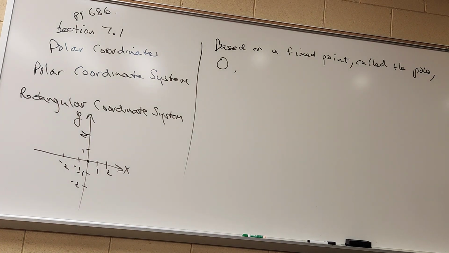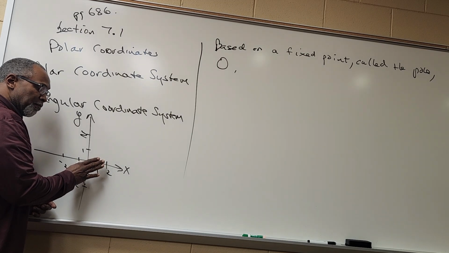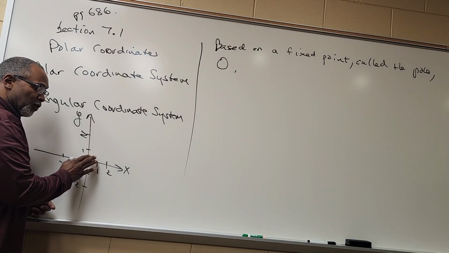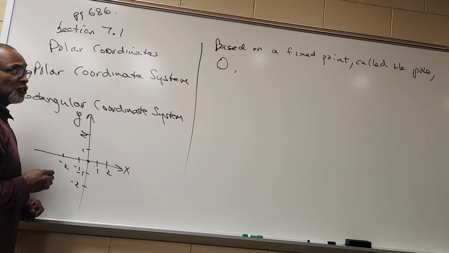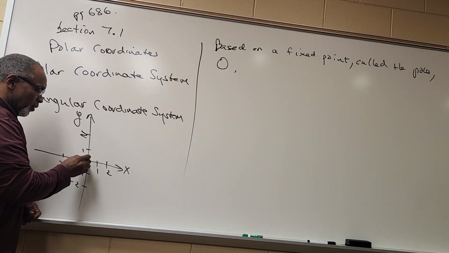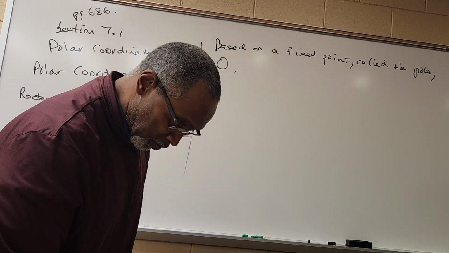And once we do, we'll be able to superimpose that polar coordinate system over this rectangular coordinate system. So again, when I say this polar coordinate system is based on a fixed point called the pole, we're going to call it O. It's going to coincide with the origin in the rectangular coordinate system.